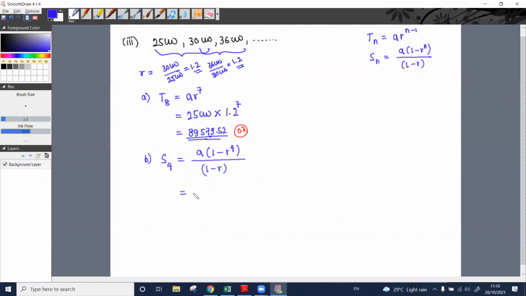What is the value of A? Value of the first term is 25,000. Right? 1 minus r value is 1.2 to the power 4 divided by 1 minus 1.2.